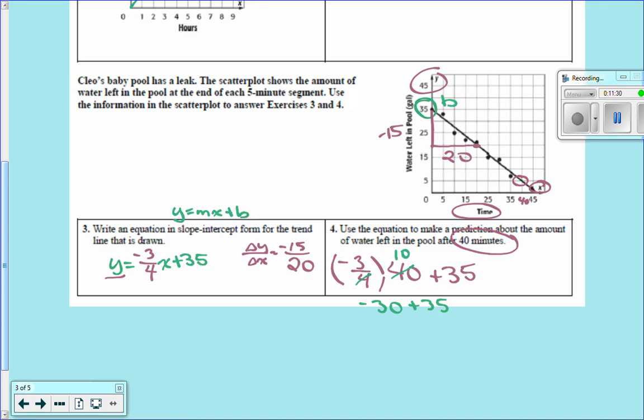So about 5, what? You got it. And then we can see also here that that is a good trend line, right?